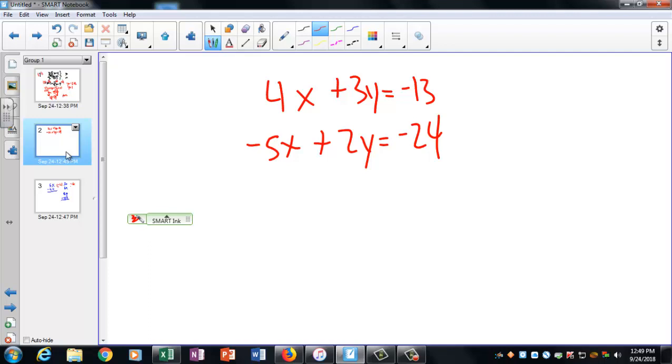Some people want a rule. Tell me what to do every single time. If that's you, I'm going to give you a rule. Whatever this number is and whatever this number is, just multiply the other equation by it. With the caveat that I need these to be different signs.